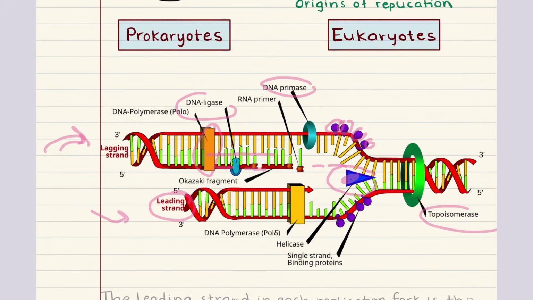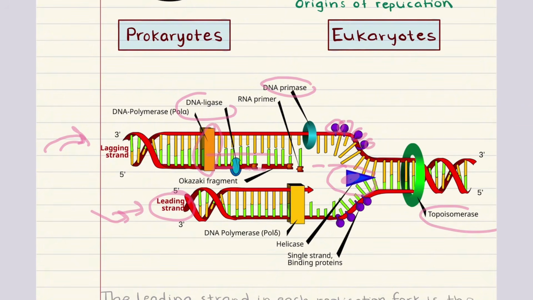So I just want to repeat this because I want you to remember this. When we are looking at the leading strand, the newly synthesized strand from the leading strand is created continuously, because the template strand for the leading strand runs 3' to 5' towards the replication fork, so DNA polymerase can follow right behind and synthesize that new strand continuously.